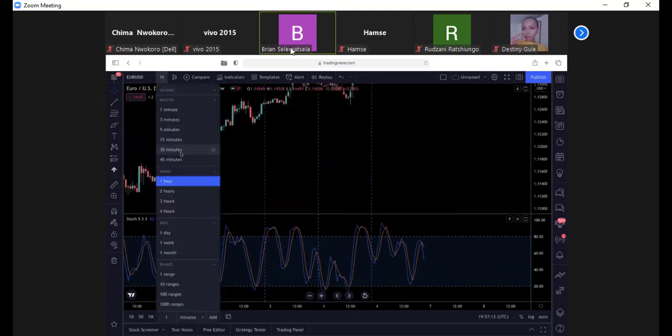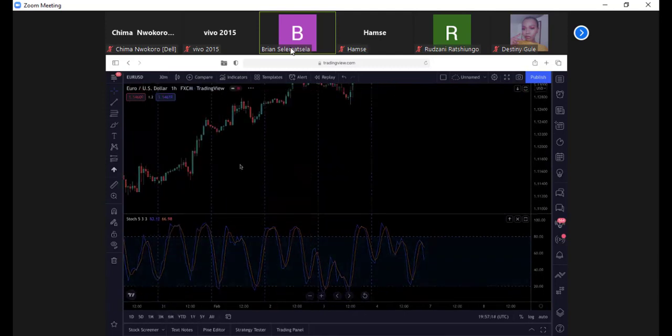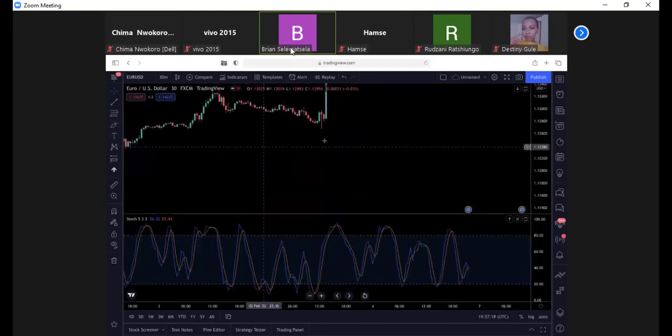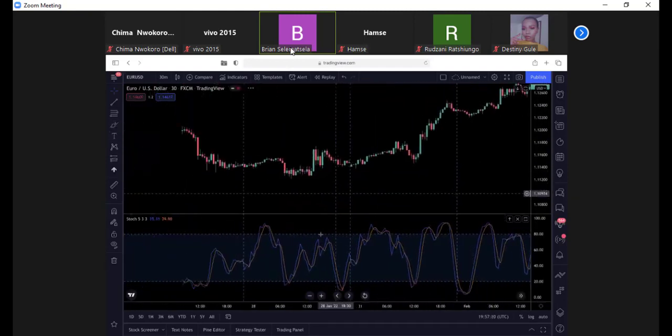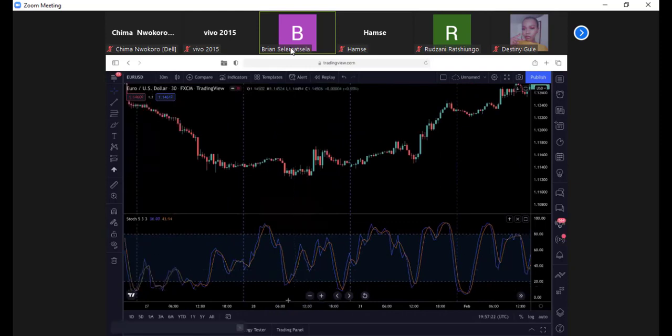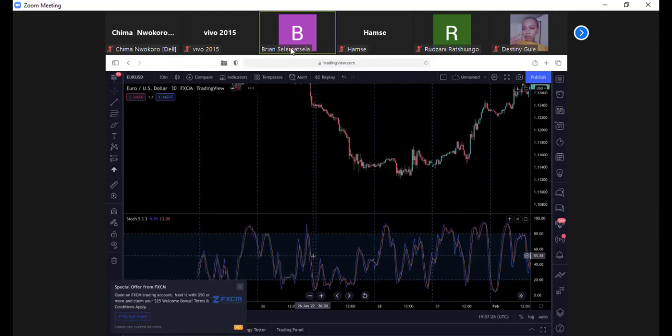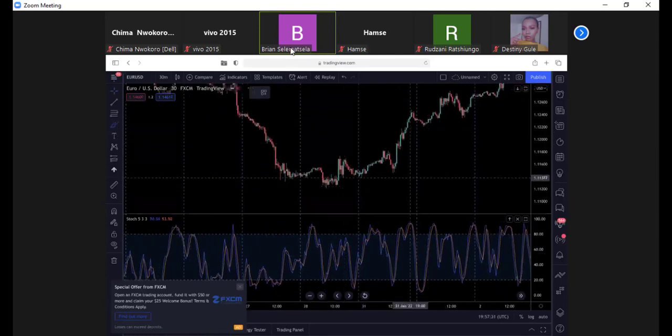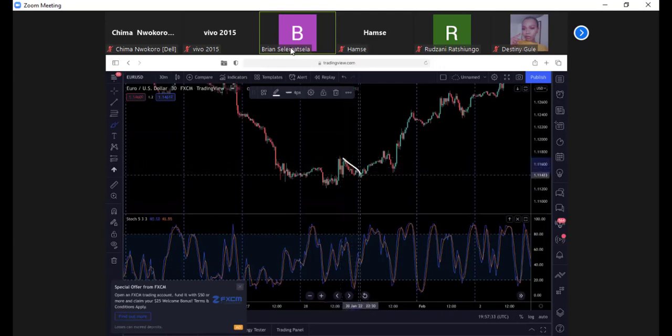Now, what I mean by the opposite is that in a normal way, the stochastic, the market normally moves like this. In a normal way, if this point is lower than that point, it must also be the same here.